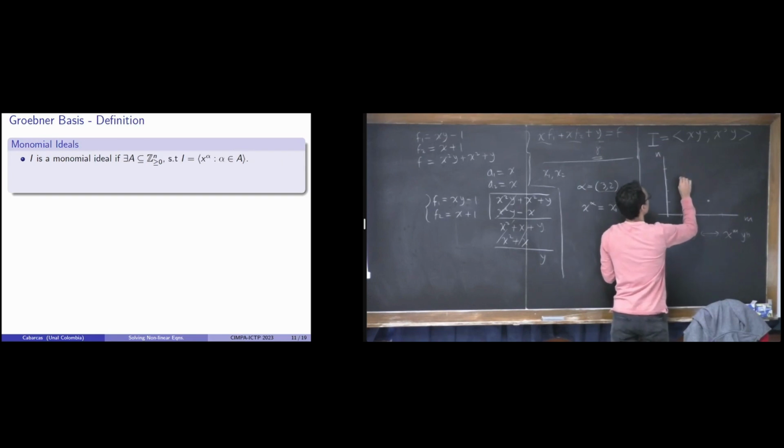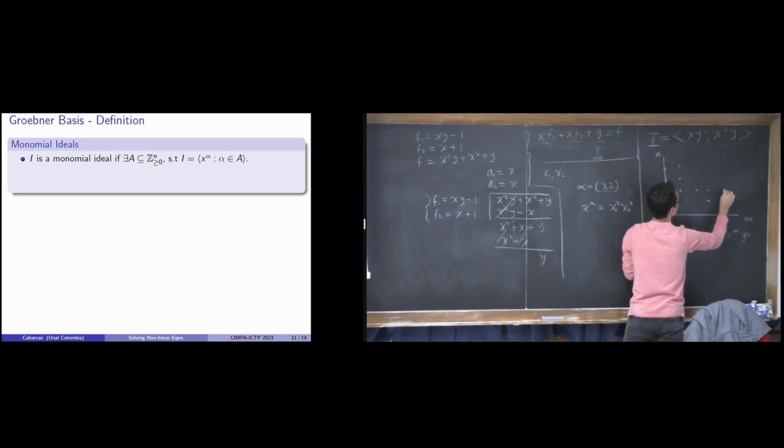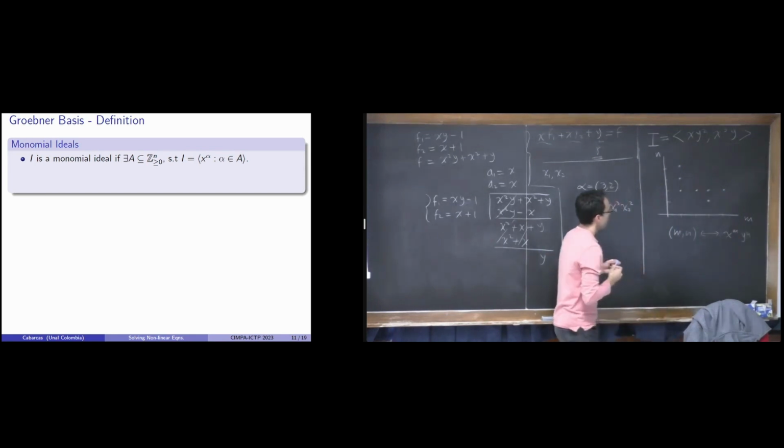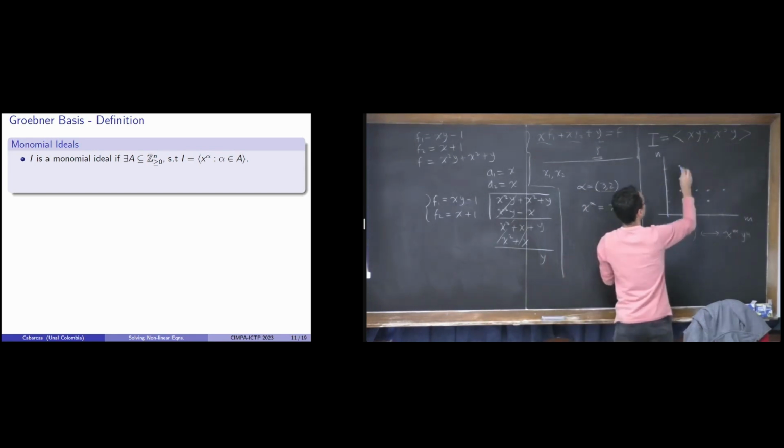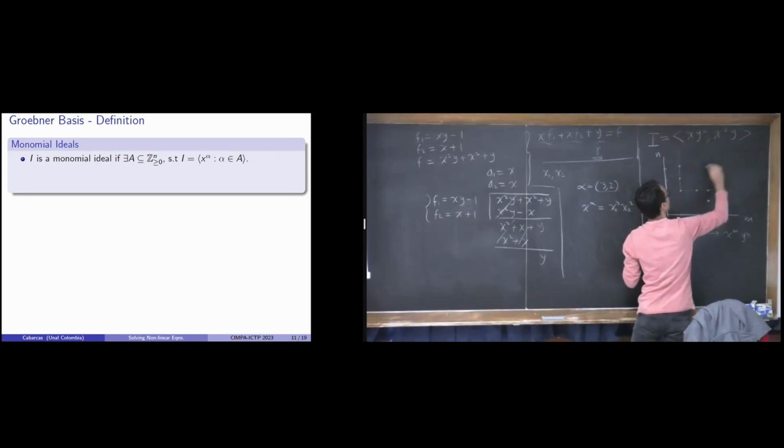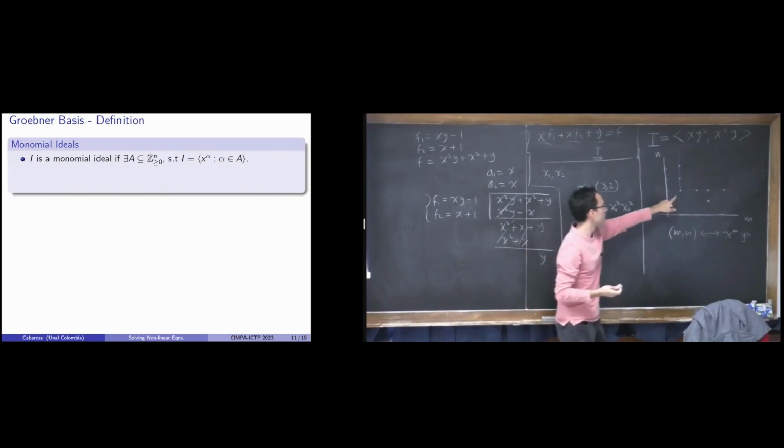For example, this one or this one, we can get from x y squared by multiplying by x, and multiplying by y, and multiplying by x, we can get these ones. In fact, anything in this area can be obtained by multiplying x y squared by x or by y.